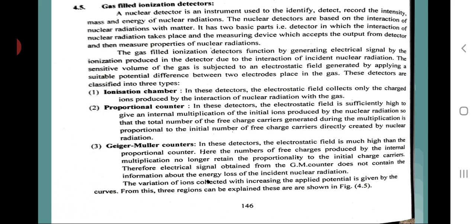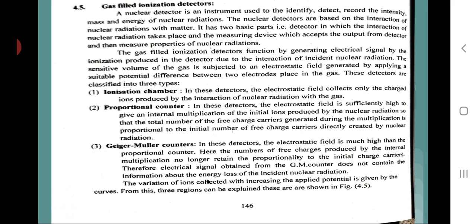These detectors are classified into three types. Number one is the ionization chamber. In these detectors, the electrostatic field collects only the charged ions produced by the interaction of the nuclear radiations. Second one is the proportional counter.